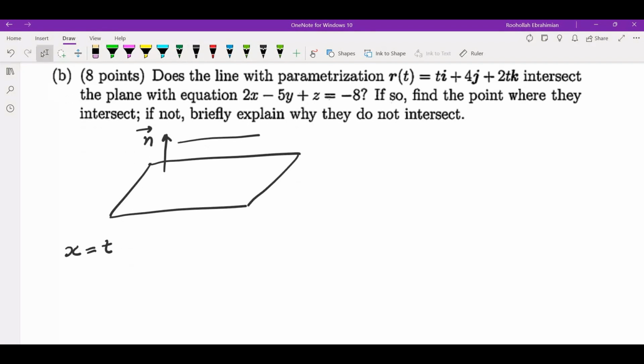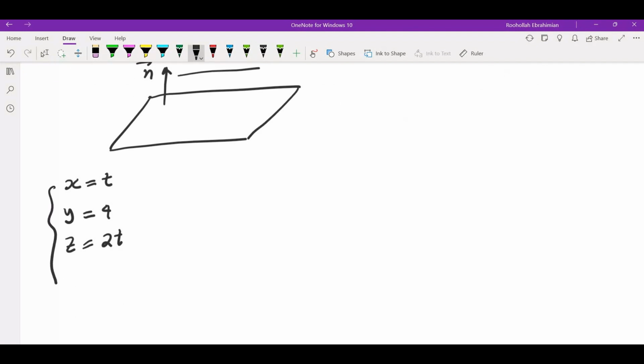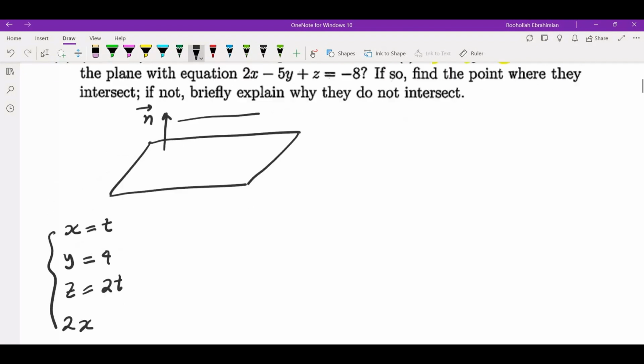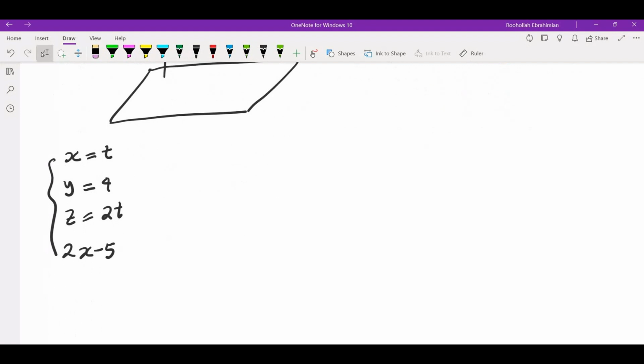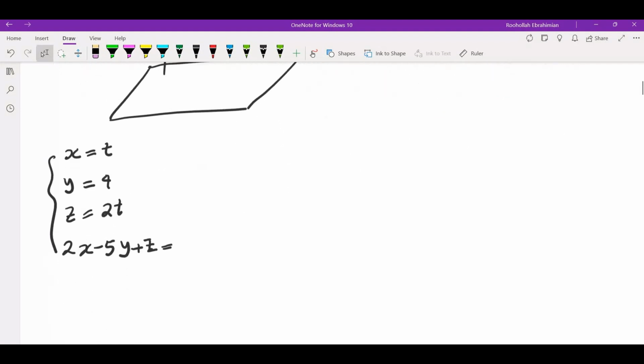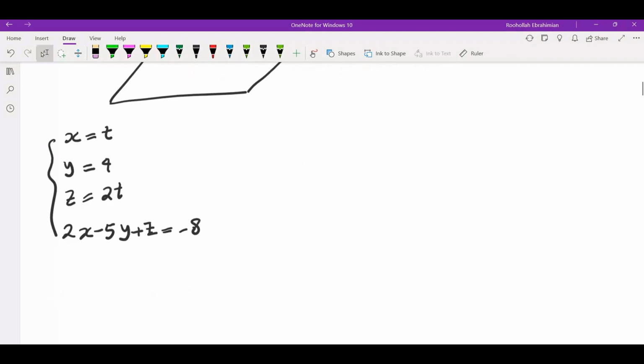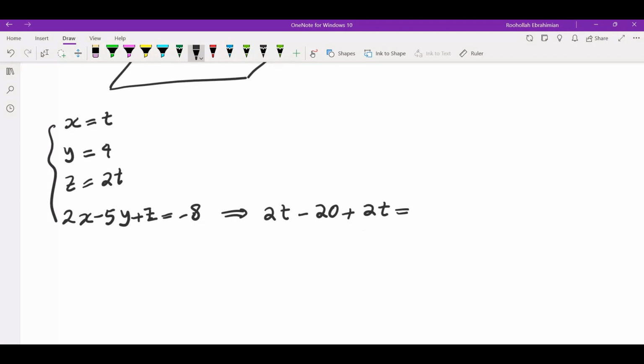So what we know is this. We know x equals t, y equals 4, and z equals 2t. And these are obtained from these 3 coordinates. And we also know that the plane is 2x minus 5y plus z equals -8. So we'll take that point and plug it into the plane. So we will get 2t minus 20 plus 2t equals -8.